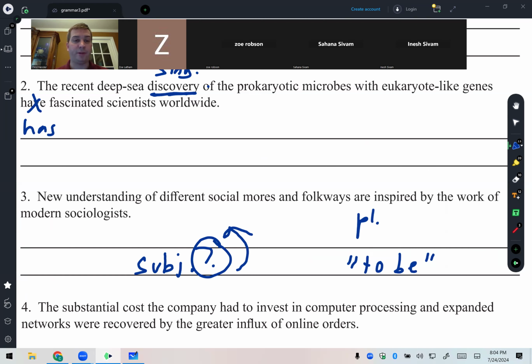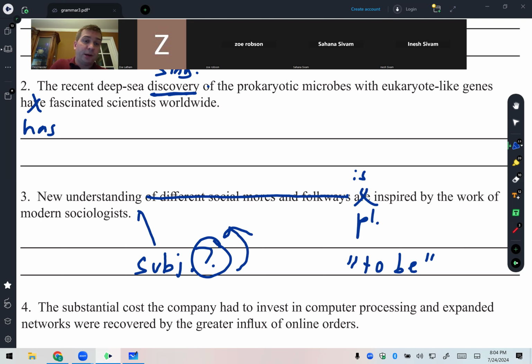You know what? I'm going to cross off half the sentence. Let's try it that way. We don't need this prepositional phrase. It's only there to confuse us. Does this sound correct? New understanding are inspired by the work of modern sociologists. Does that sound correct, or does this sound correct? New understanding is inspired by the work of modern sociologists.